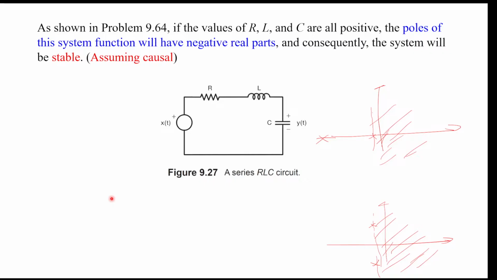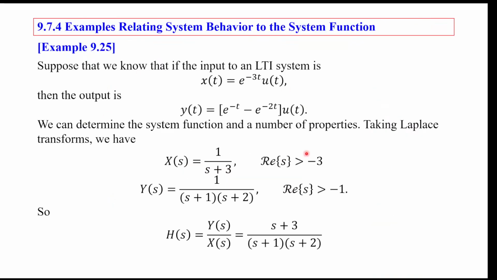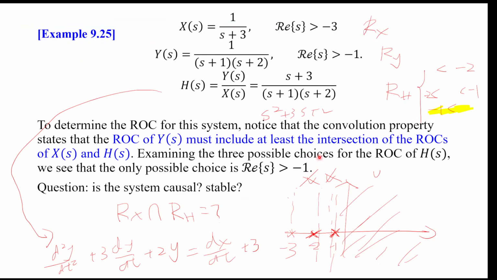And we also see that by just looking at the system function and thinking about the properties of the ROC, you can learn a lot about the system. You can learn about a lot of the system characteristics, and mostly whether the system is stable or not, for example, whether a causal system is stable or not.